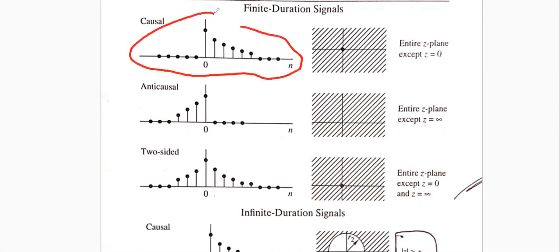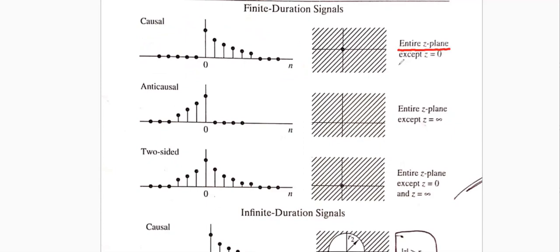I'm talking about the first example. As we have found, this is finite, not infinite. If that is infinite, there should be some dot. So for the finite causal sequences, as we have already mentioned, zero is not a solution. So we can write the entire z-plane except z equal to 0. That is good enough. And we put a dot and the whole plane.